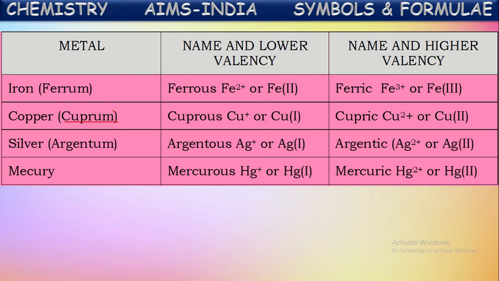By removing one or two letters from its name at the end, OUS is attached. It becomes cuprous for the lower ion, and in the place of this, IC is attached, it becomes cupric. In the same way, argentum: argentous and argentic. Mercury: mercurous, mercuric. Okay, this is about variable valencies of different elements.